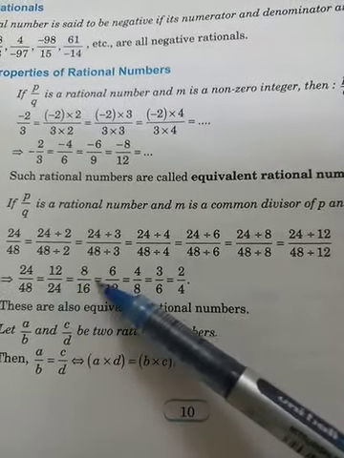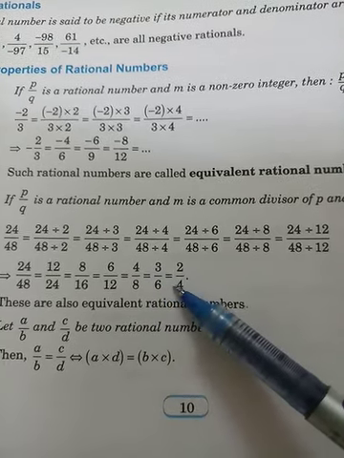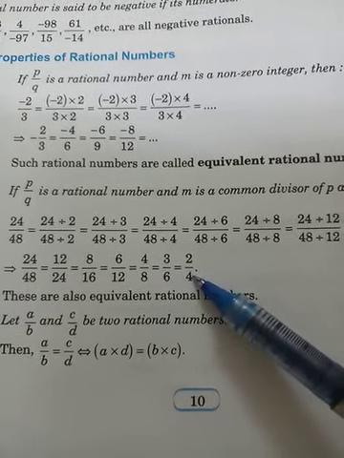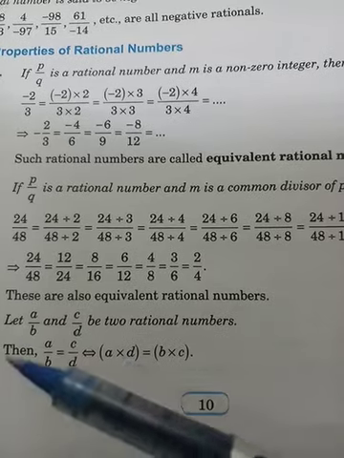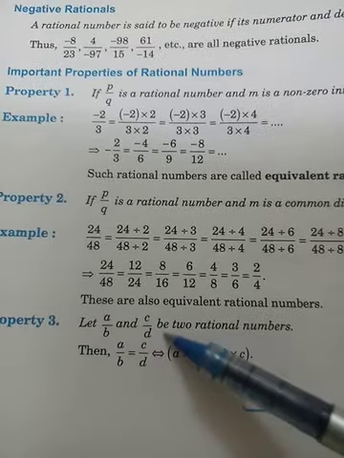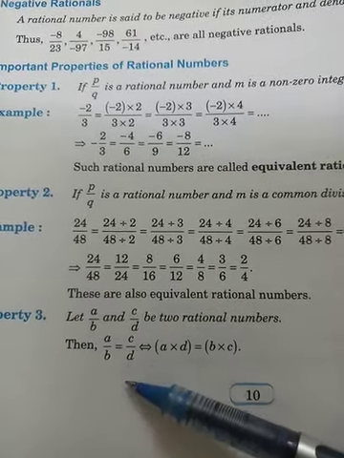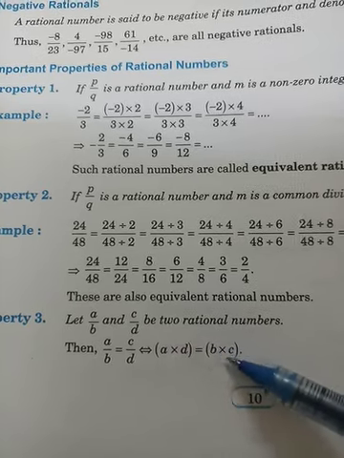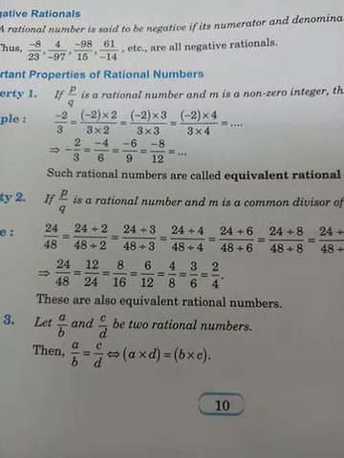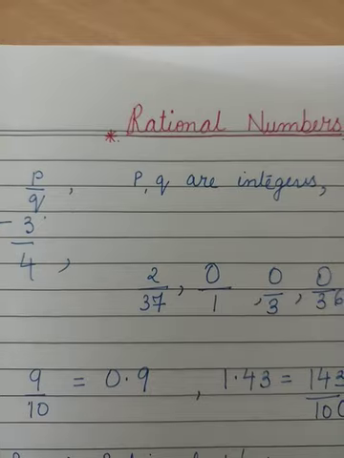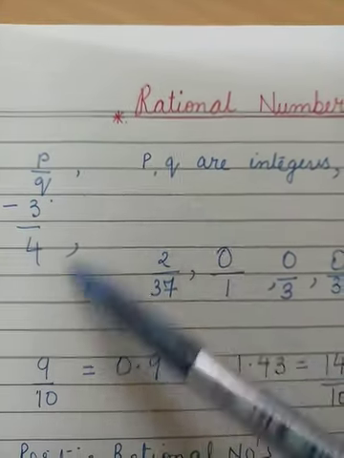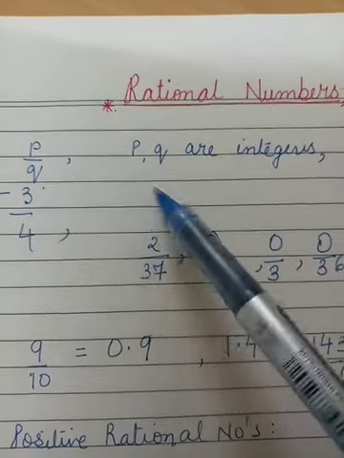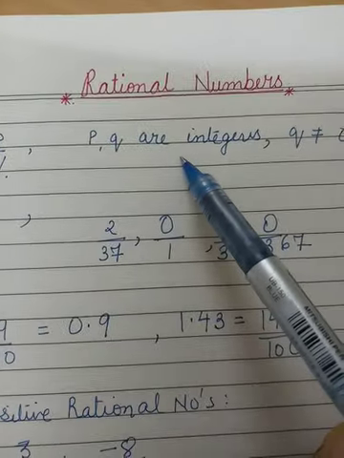These are all equivalent rational numbers. The third property says if A by B is equal to C by D, then A into D is equal to B into C.